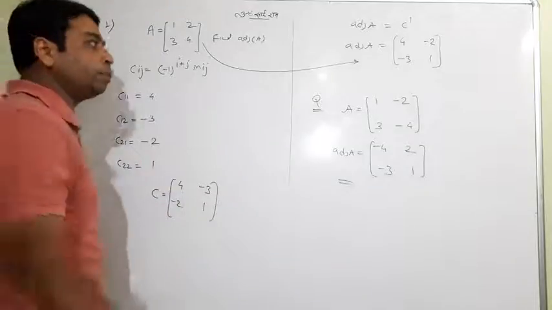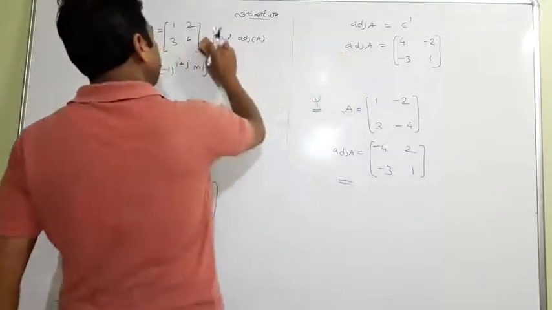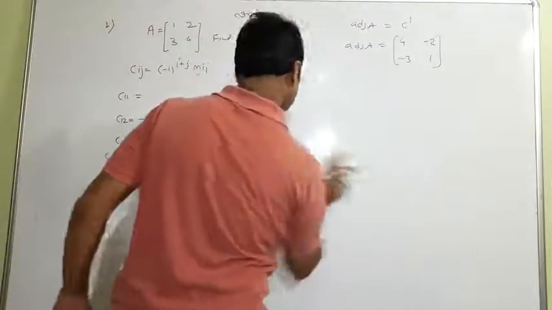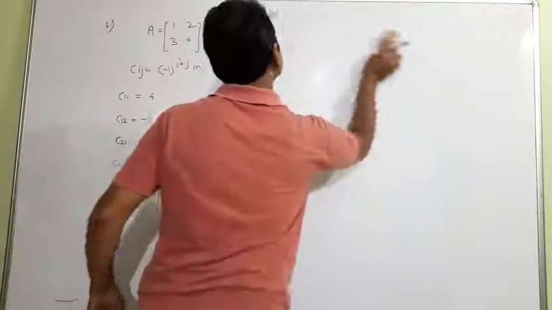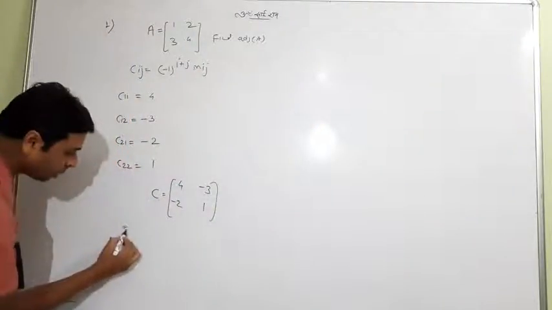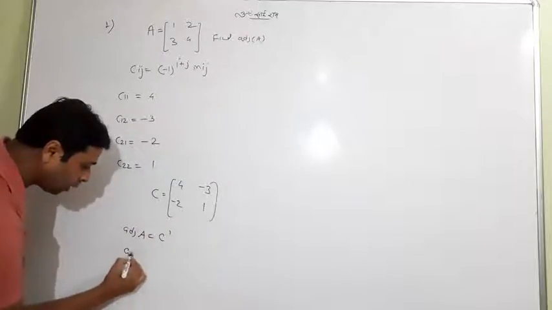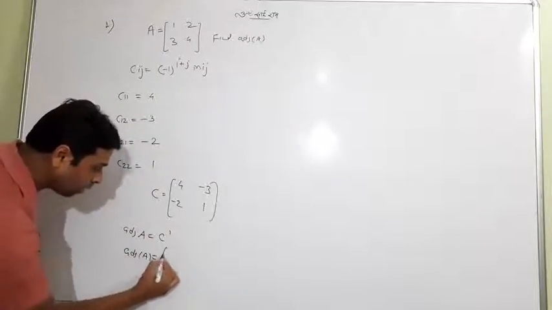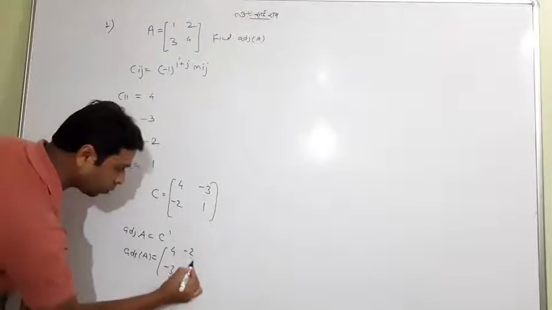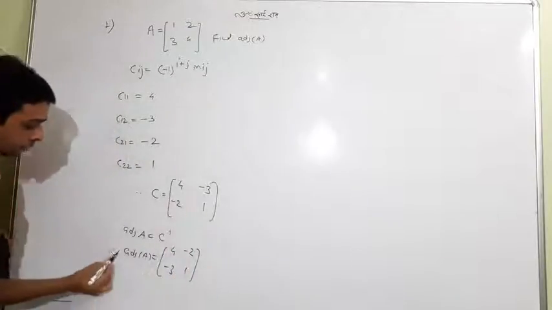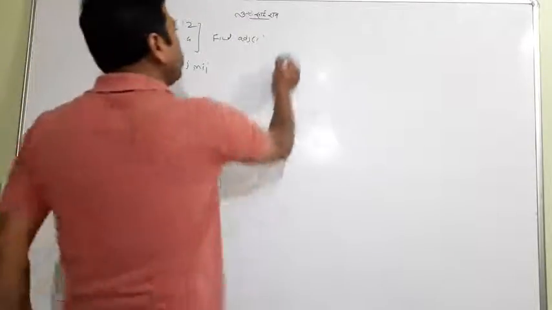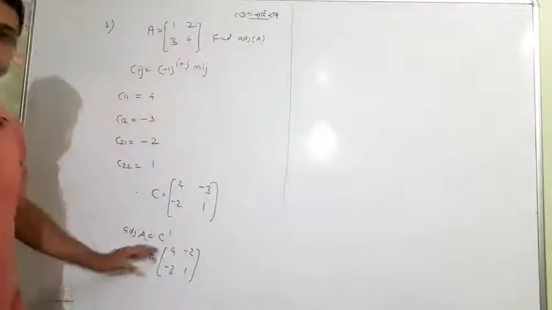It's again very important, and without rubbing it off, I want to write in this section here because I want to explain something special. Adjoint A is equal to C dash, and the answer: adjoint A is 4, -3, -2 and 1. And that's the answer. Okay, so I don't want to rub this section. Student, try to hear me.